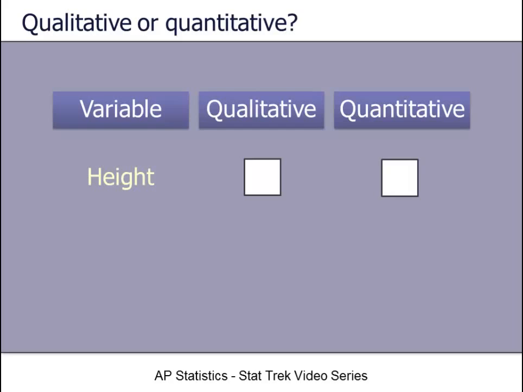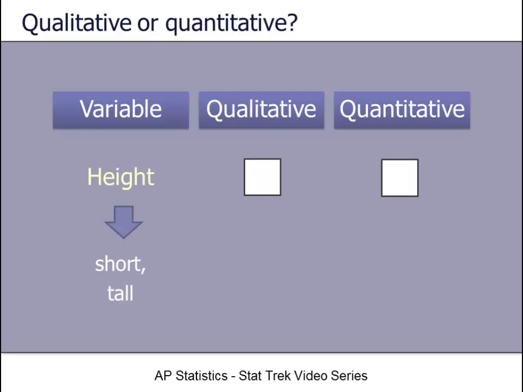Let's work through an example to make sure the difference between qualitative and quantitative variables is clear. Consider the variable height. Is height qualitative or quantitative? It depends. On one hand, we might say that a person is short or tall.